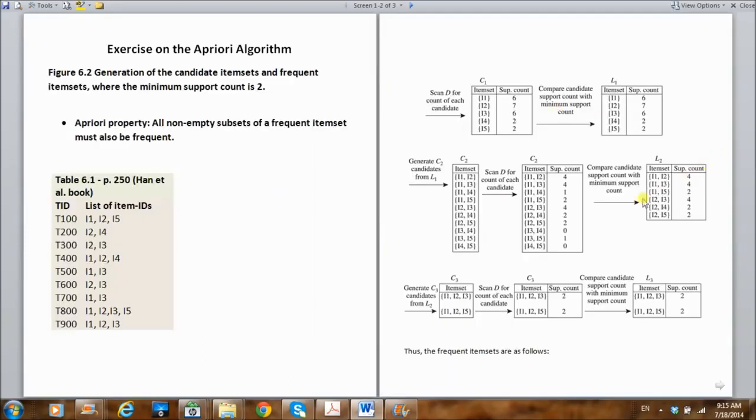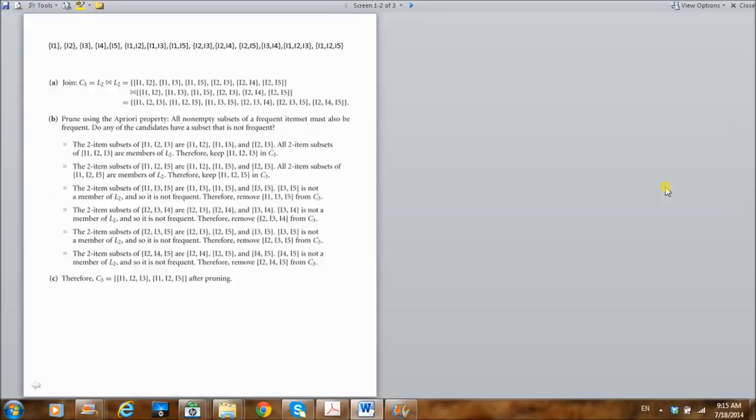If you look at our level 2 frequent item sets, we have {I1, I3} and {I1, I5}, but we do not have the item set {I3, I5}. So the item set {I1, I3, I5} does not satisfy the Apriori property, and we cannot include it in our candidates.